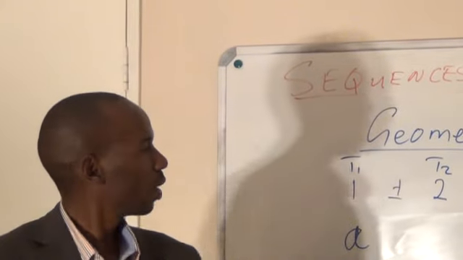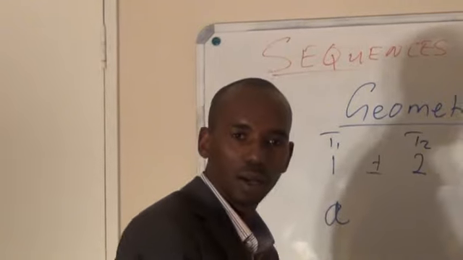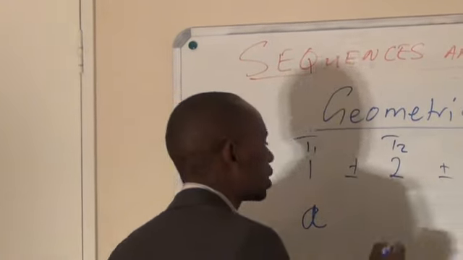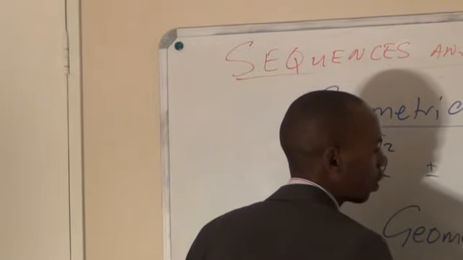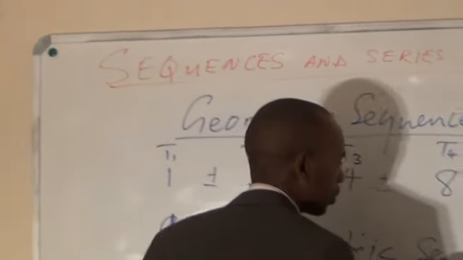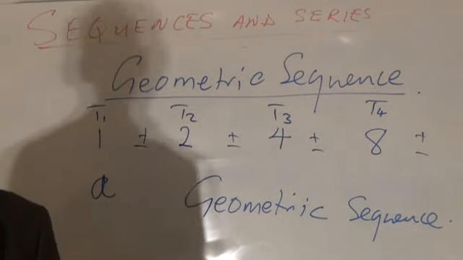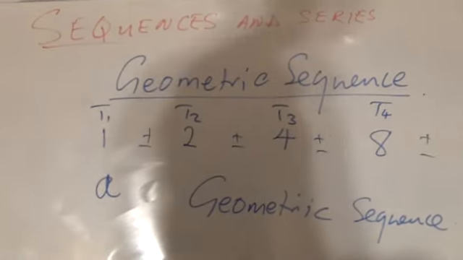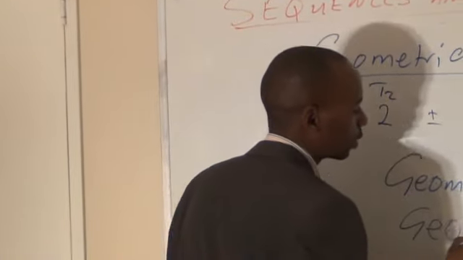We also call it a geometric series if we start adding or subtracting the terms. And in the same manner that we did with the arithmetic sequence, we can also do the same here. We can call it also a geometric progression.